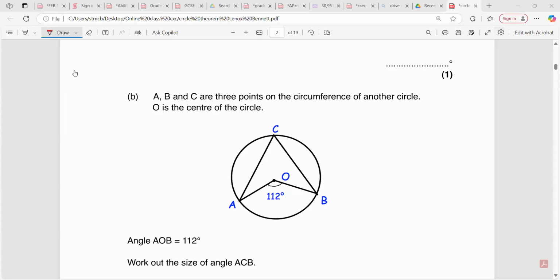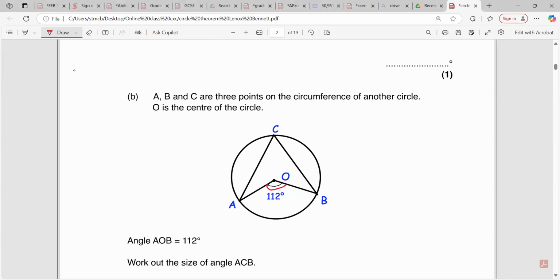So A, B, and C are 3 points on the circumference of a circle, and O is the center. That's very important, because this 112 here would be the angle at the center.